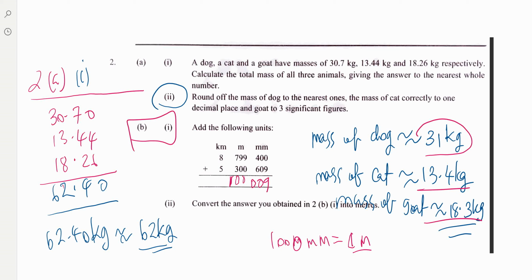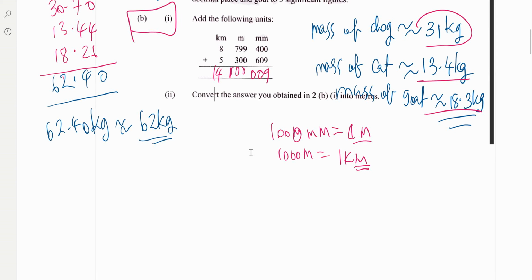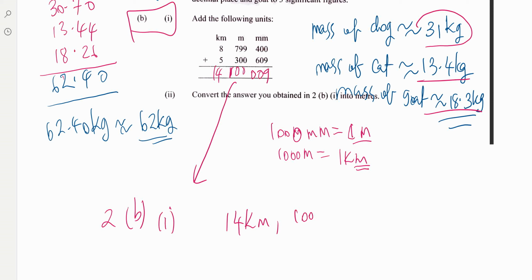We know that 1,000 meters is equal to 1 kilometer. So you carry 1, now you have 13, 14. So the answer for 2B part 1 is 14 kilometers, 100 meters, and 9 millimeters.